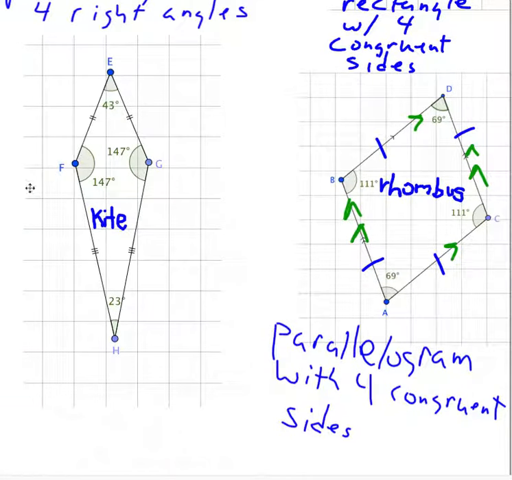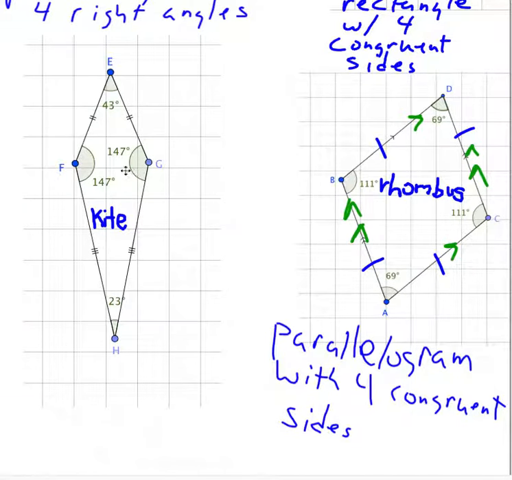Now, a kite is not a parallelogram. That's why that was not in that circle that contained parallelograms. It is actually a quadrilateral that has two pairs of adjacent sides congruent. So this side length and this side length are congruent, and this side length and this side length are congruent. And that's what makes a kite.